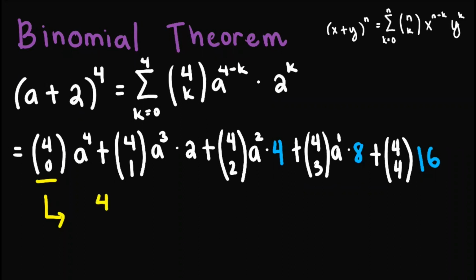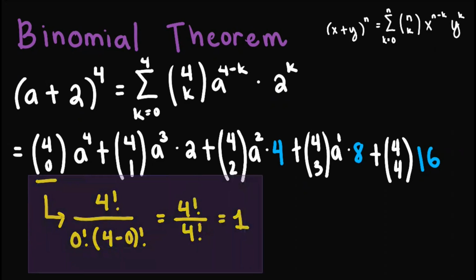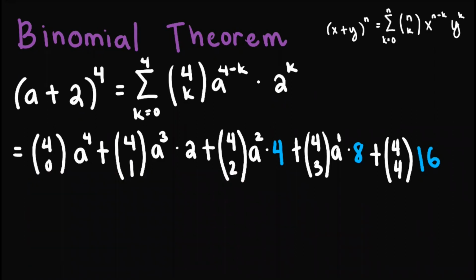This will result into 4 factorial over 0 factorial times 4 minus 0 factorial, which simplifies into 4 factorial over 4 factorial, or simply 1. So this one out here becomes 1, and this one out here becomes 1. Next, 4 choose 1.